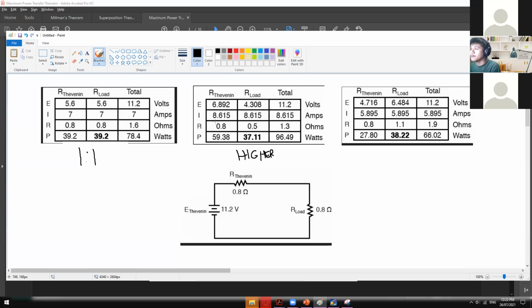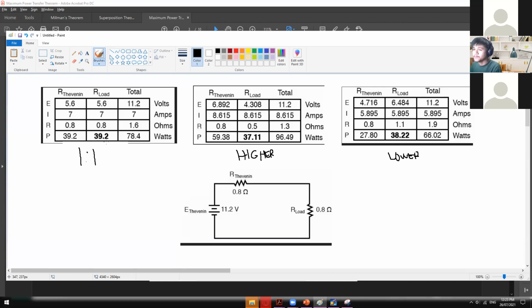Okay, we have a higher 0.8 R-Thevenin, okay, which resulted in 37.11 kasi yung R load na natin dito is 0.5. Okay, and then in here we have a lower or lesser value of your R-Thevenin kasi yung R load na natin is 1.1, okay, which resulted into a lower wattage also.